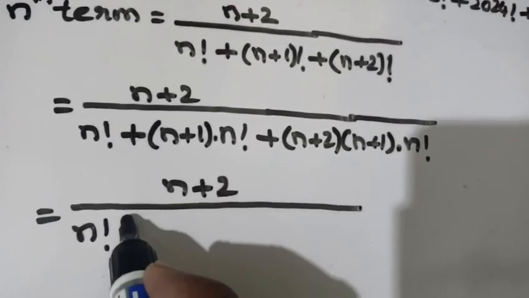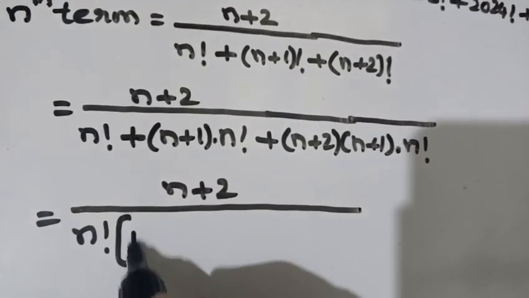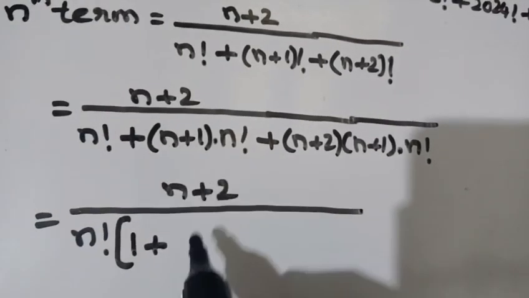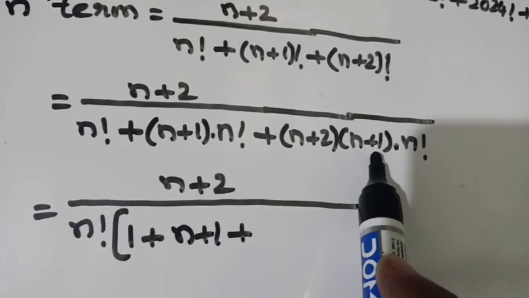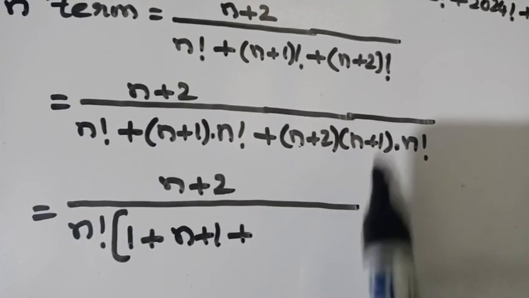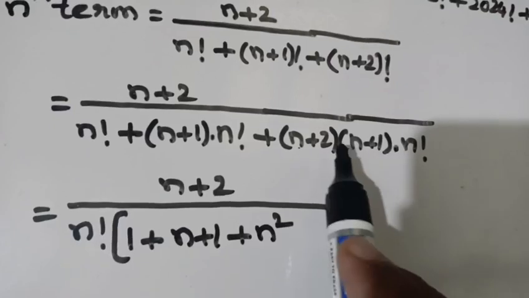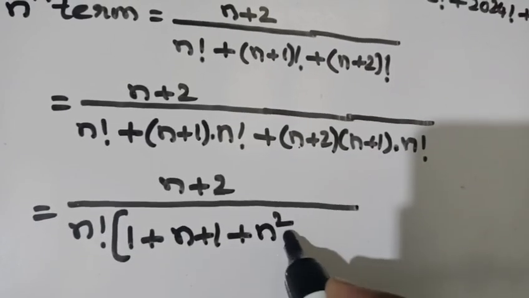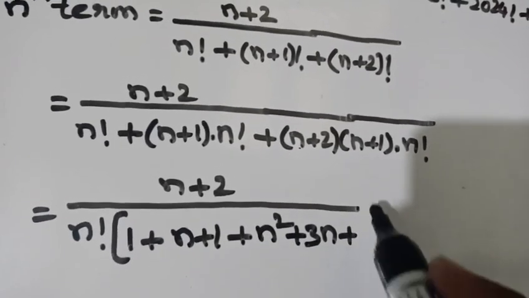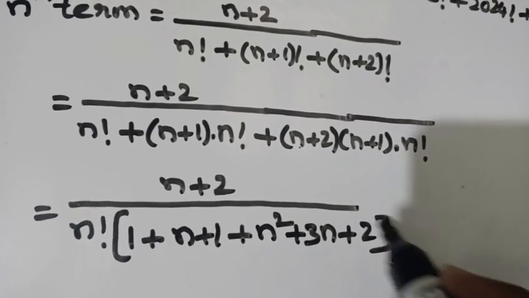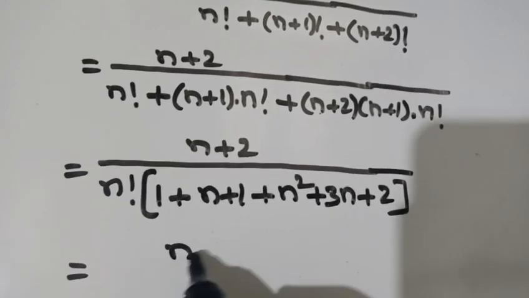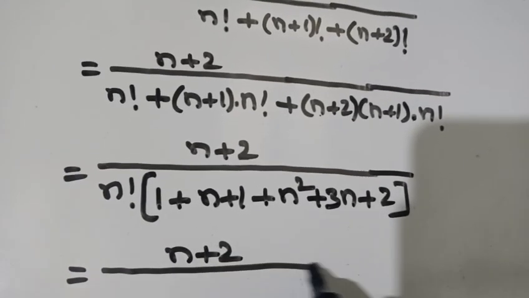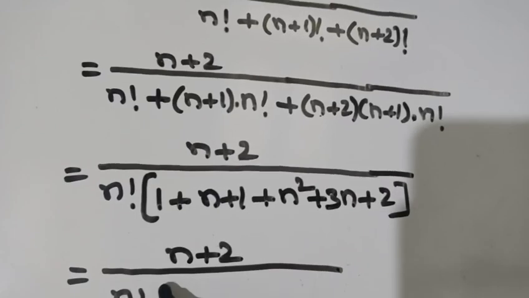So I can write n factorial times 1 plus n plus 1 plus n plus 2 times n plus 1. I multiply here itself. n times n is n square, 1 plus 2, 3n, plus 2 times 1 is 2.